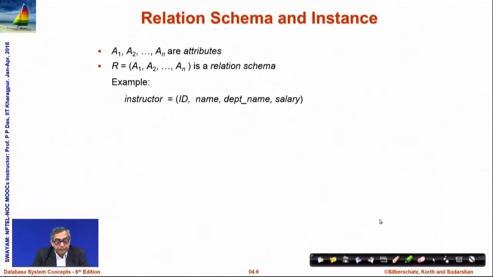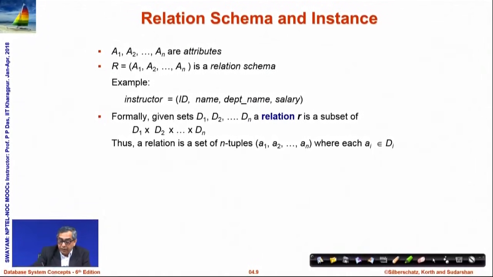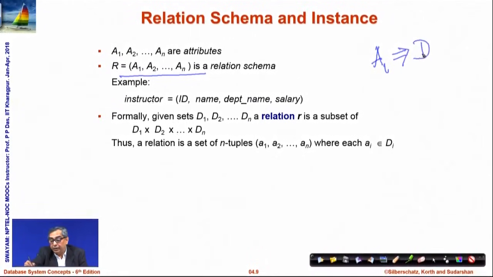Then a relational schema is a collection of all these attributes. So, we say R is a relational schema which has attributes A1 to An. Now, every attribute Ai has a domain Di.